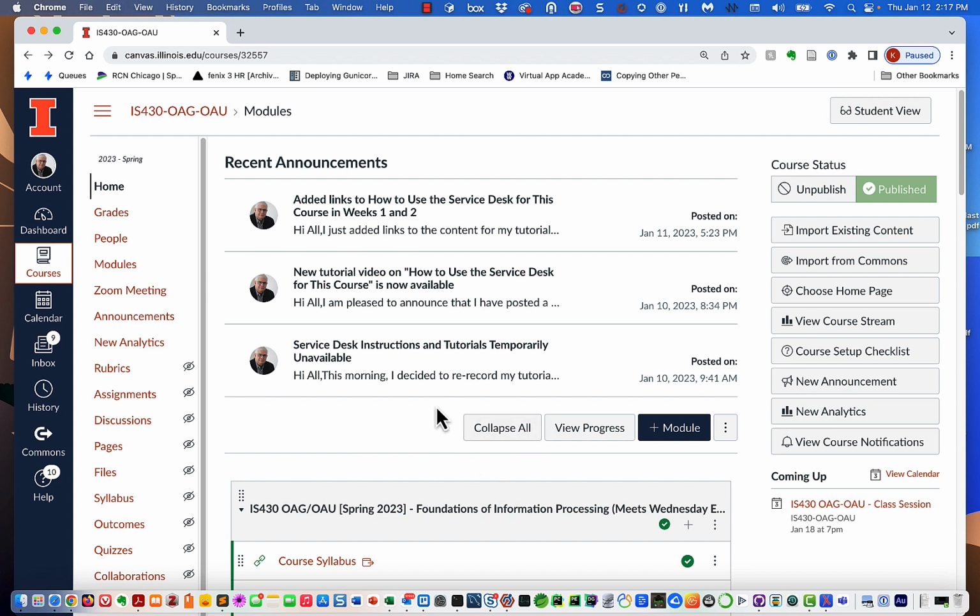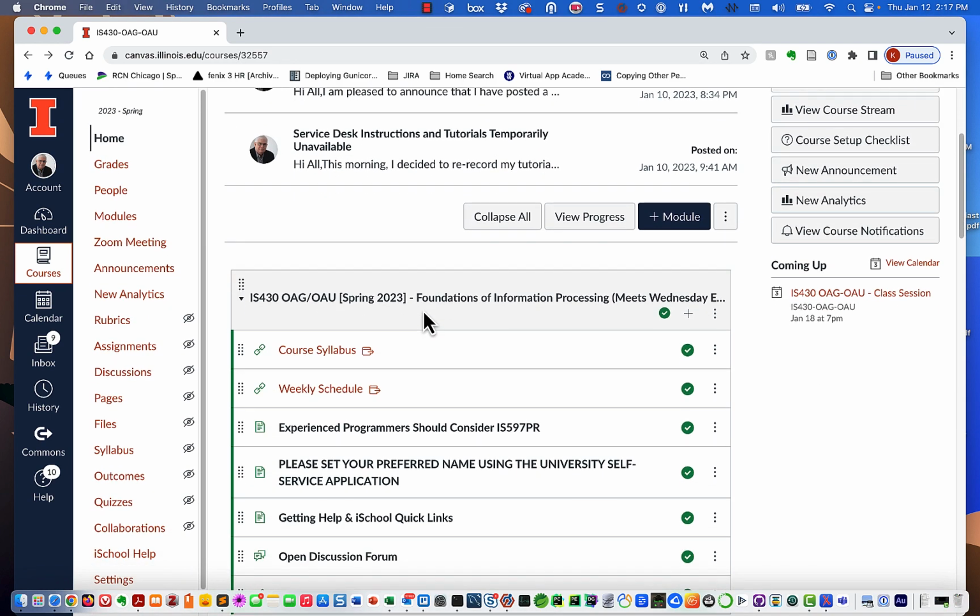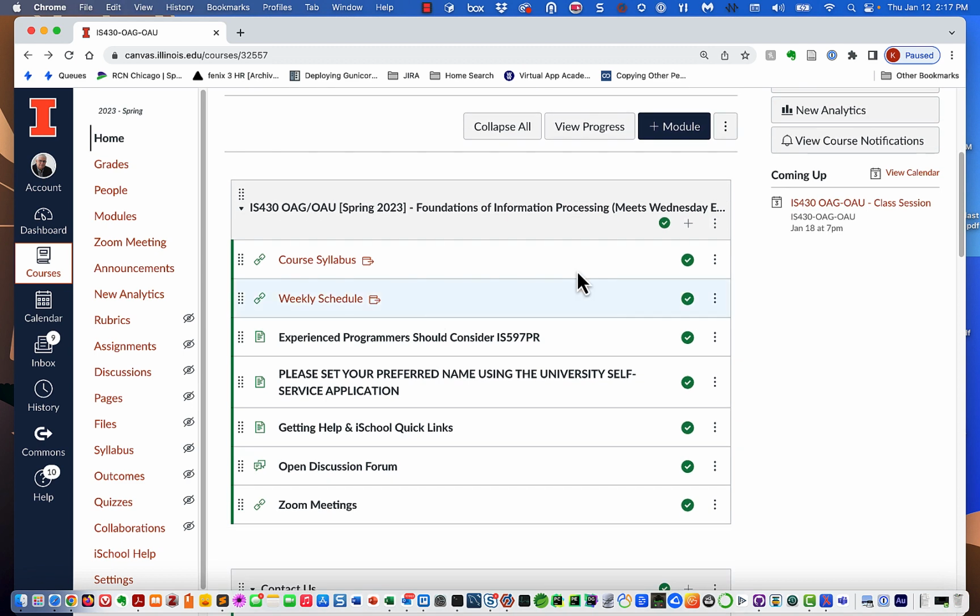So I've organized the page to have the recent announcements at the top. If you want to see the rest of them, there's a link for announcements even in your student view of the page. And then the page is organized into a series of these content blocks that Canvas calls modules.